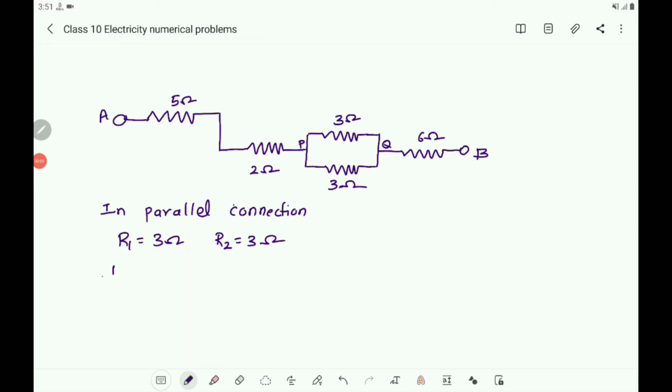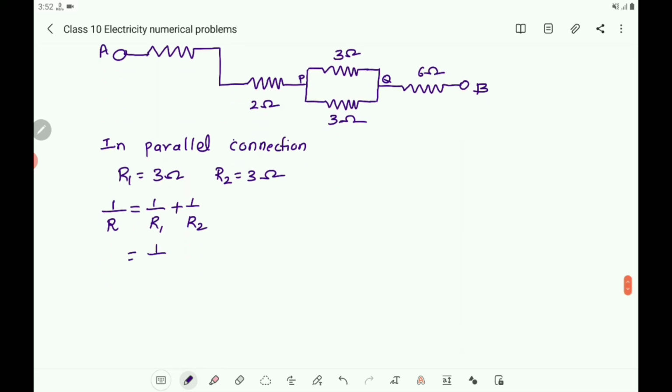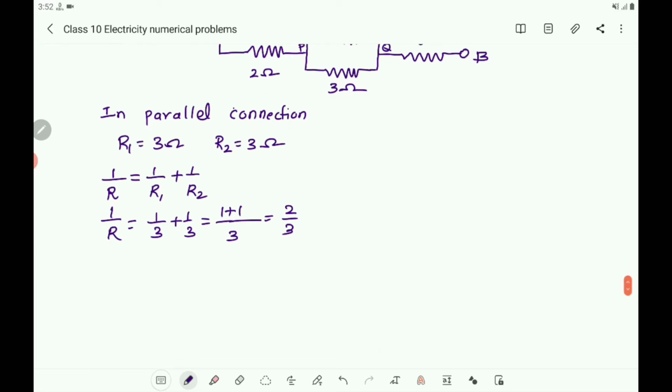Now to find the equivalent resistance in parallel combination, you write 1 by R equals 1 by R1 plus 1 by R2, that equals 1 by 3 plus 1 by 3, the LCM becomes 3, you add the numerators 1 plus 1, 2 by 3 it becomes. So 1 by R equals 2 by 3.